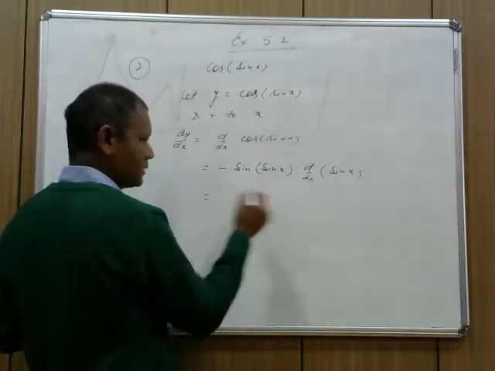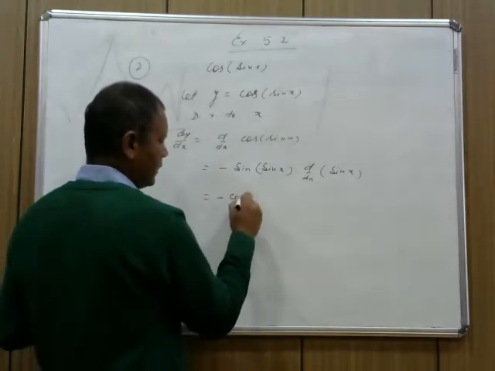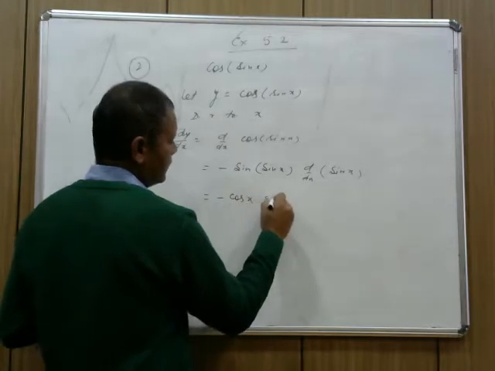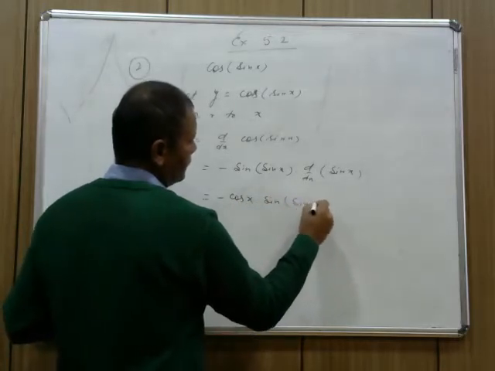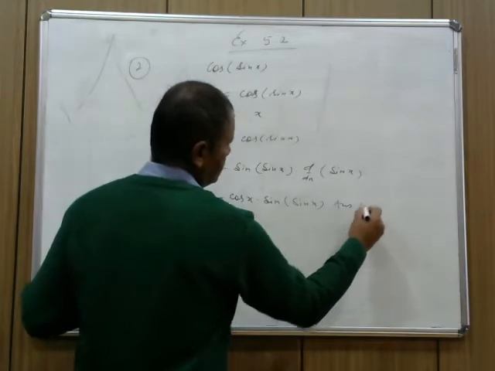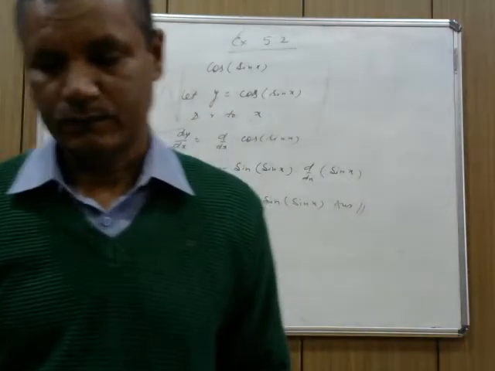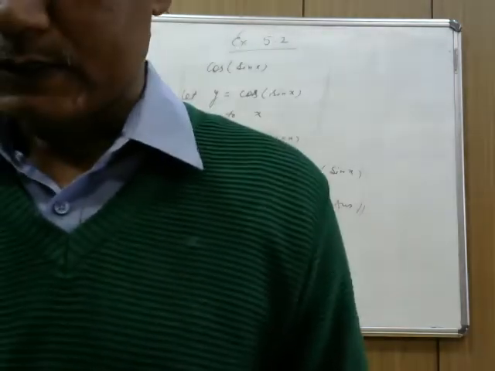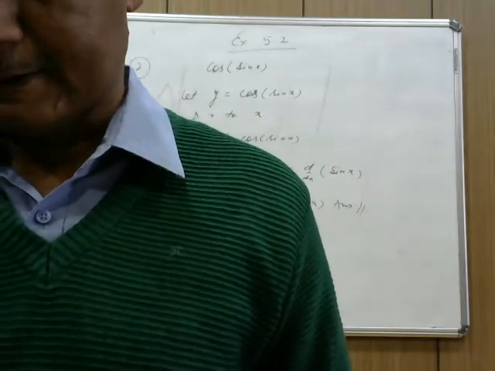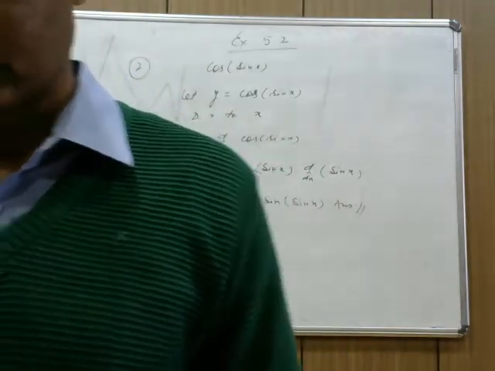Cos x. So now minus cos x into sine of sine x is the differentiation of the given function, right?